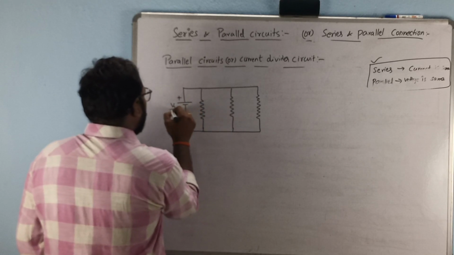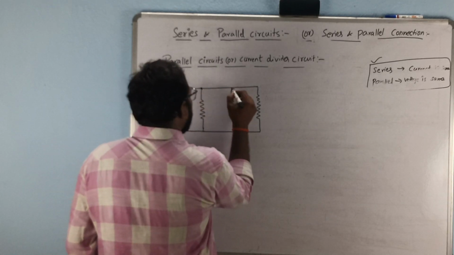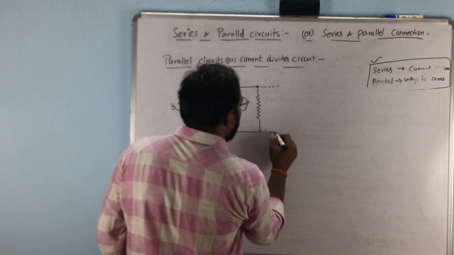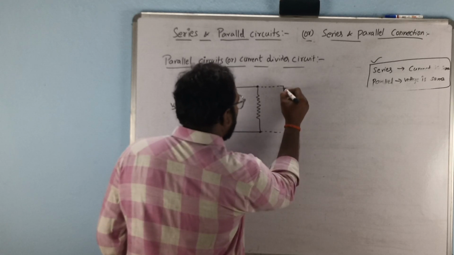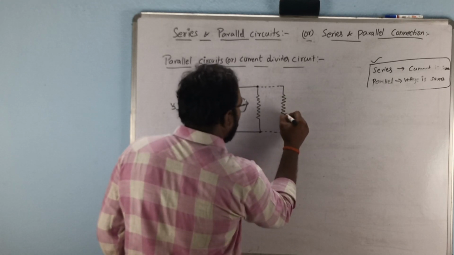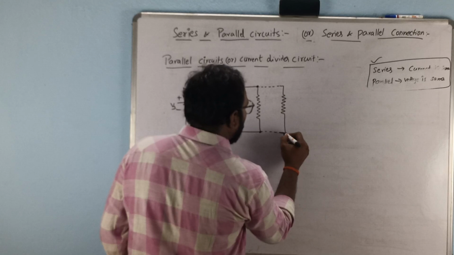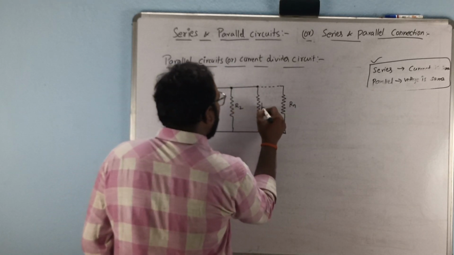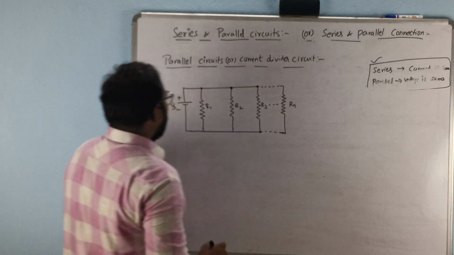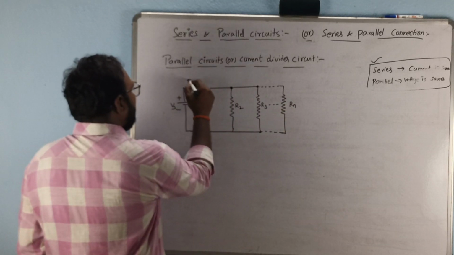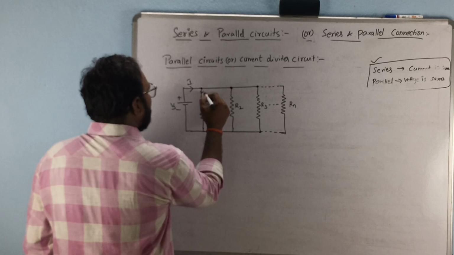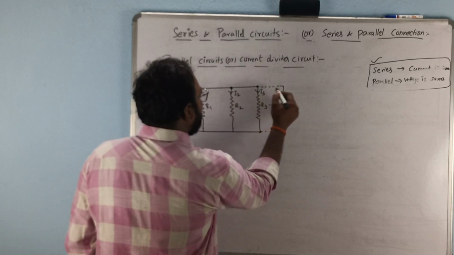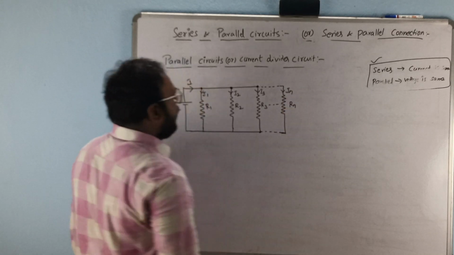Plus minus voltage source and so on, R1, R2, R3 and so on Rn. From this circuit, the current is I here, and in this branch current is I1, in this branch current is I2, in this branch current is I3, and in this branch current is IN.